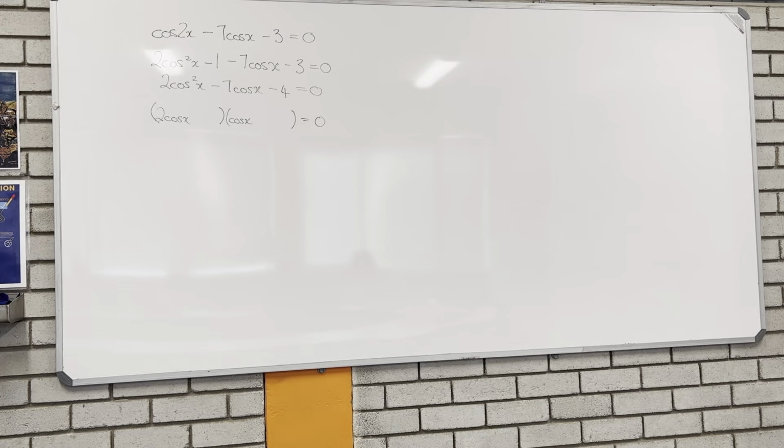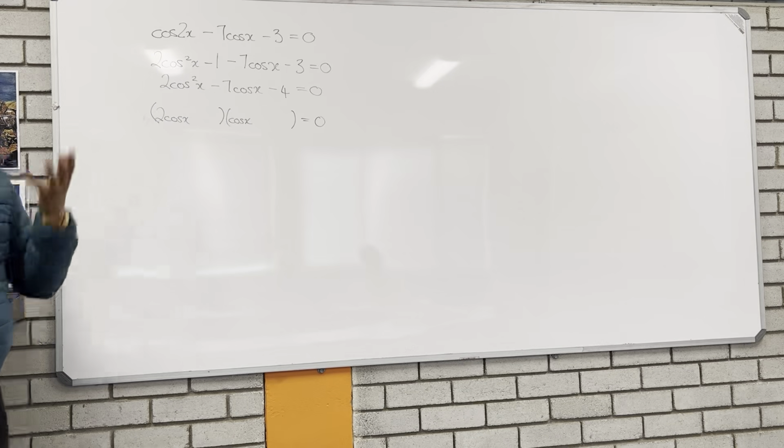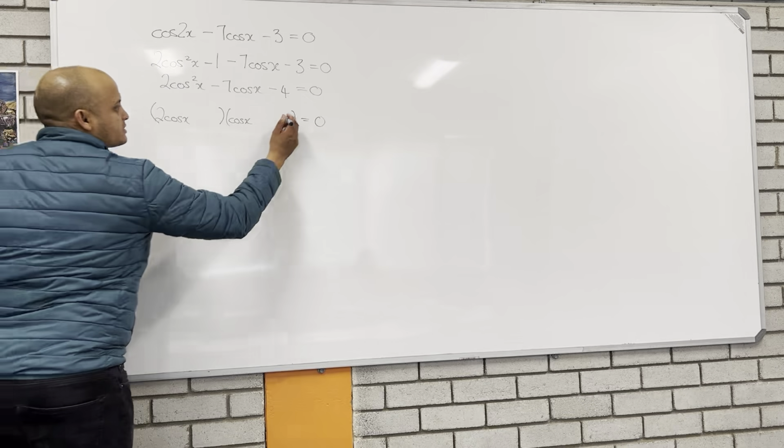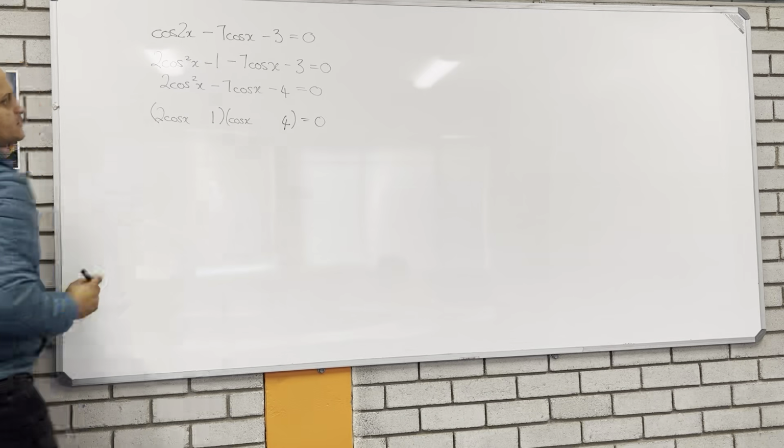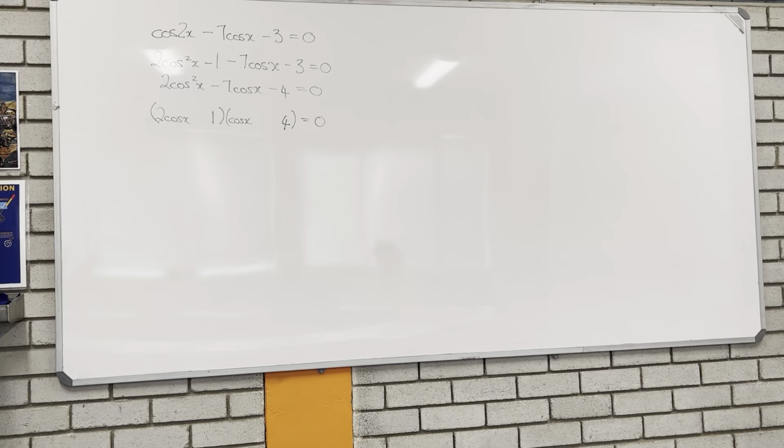And which factors of 4 will I use, was it 4 and 1 or 2 and 2? 1 and 4? Because 1 and 4 is going to give me an 8. Yes. It's going to be 4, 1. So why don't we use 8 and 1?